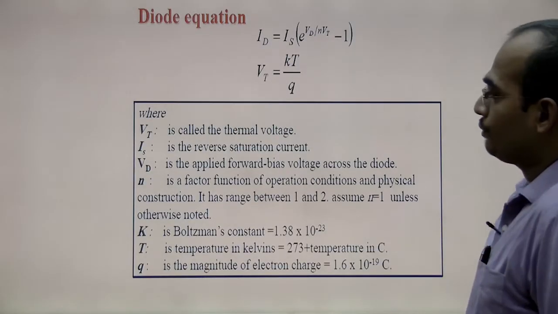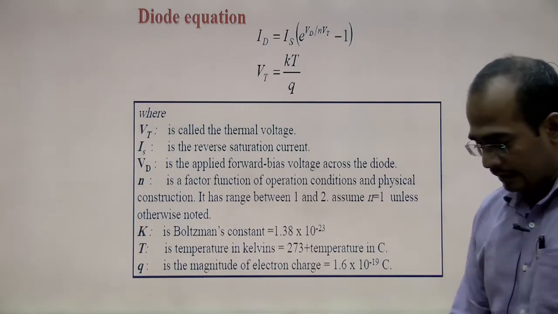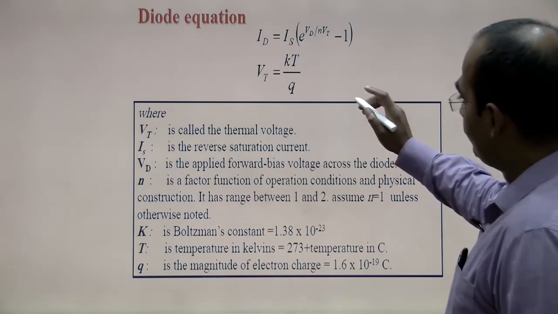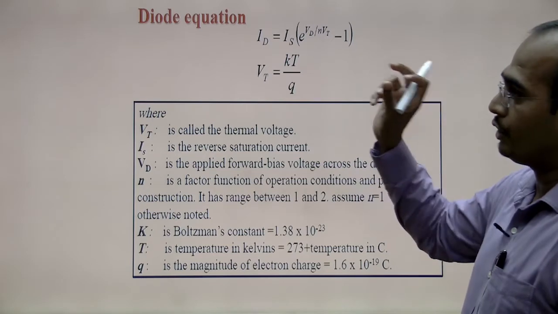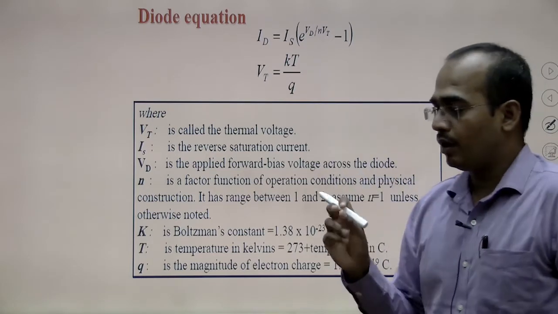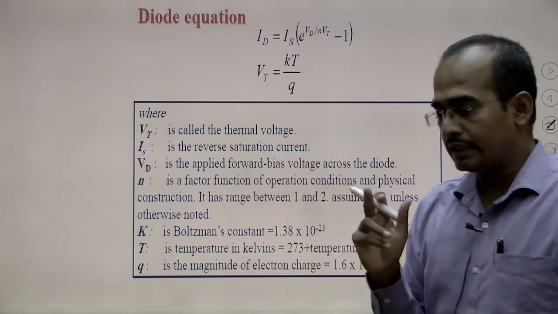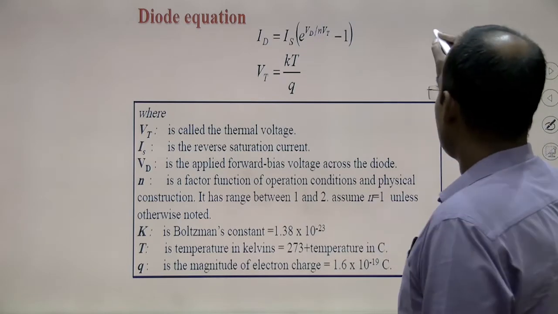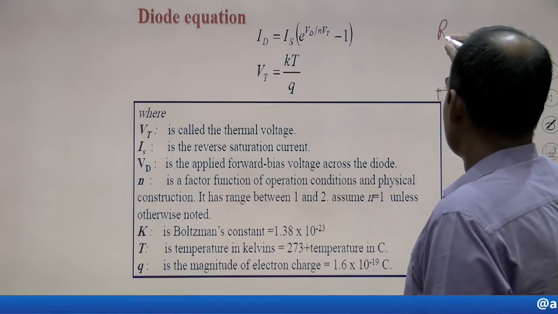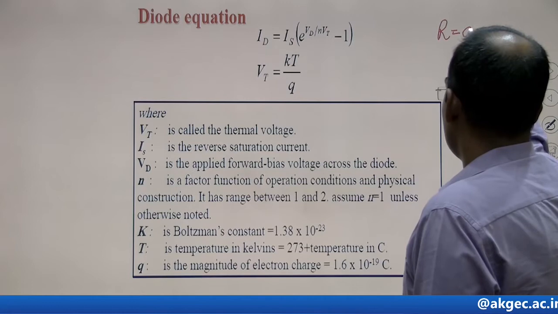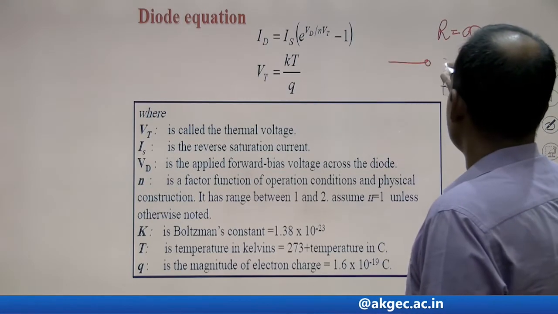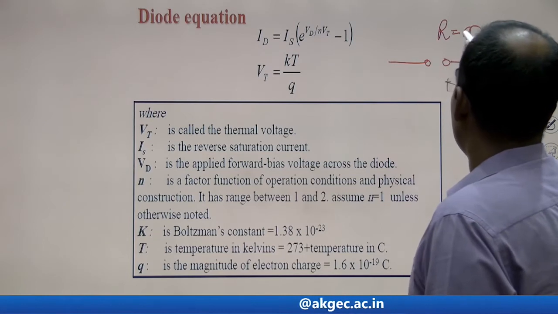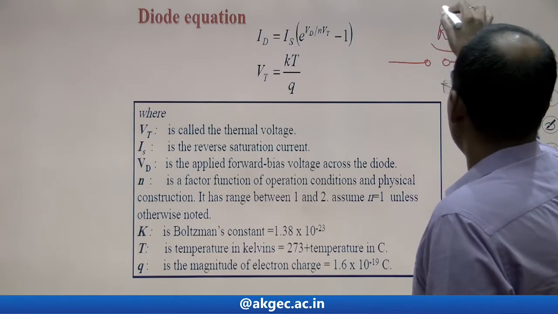Now come to the diode. As I have already told you, in case of reverse bias condition, the width of the depletion layer is very high, or the width of the depletion layer increases. So if the width of the depletion layer increases, it means in case of reverse bias condition the diode behaves as an open circuit, or you can say the resistance across the PN junction diode is infinite.